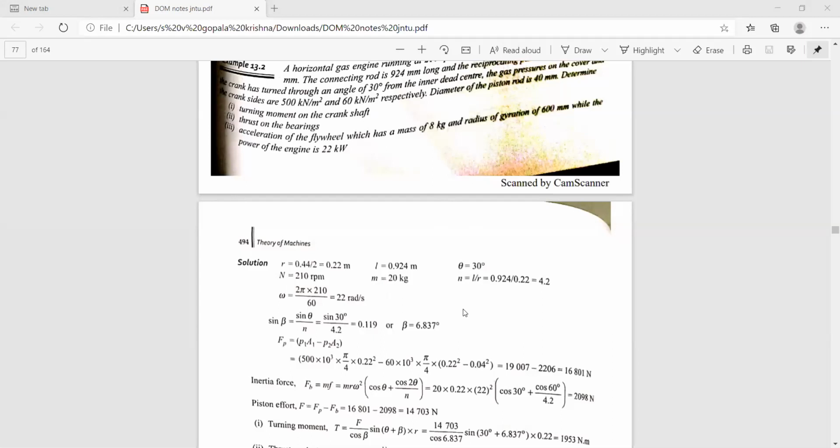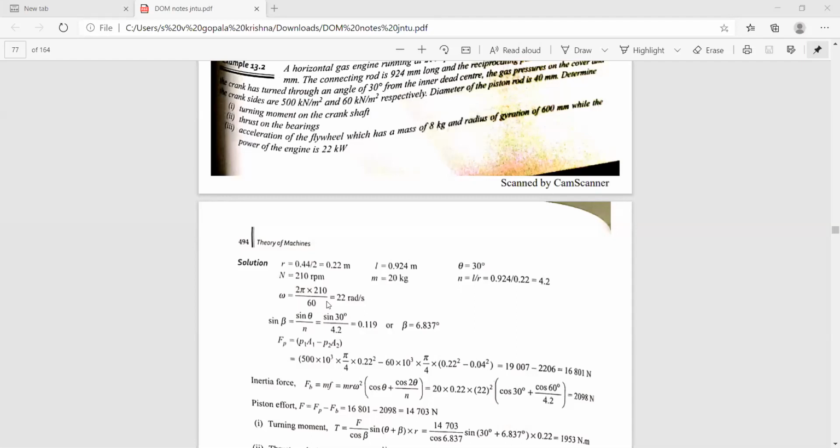Now observe that from the given values you will find some other values. n is the ratio of the length of the connecting rod to the radius of the crank, that is L by R, 0.924 by 0.22, which equals 4.2. From the rpm, we also find the angular velocity: omega equals 2 pi N by 60.